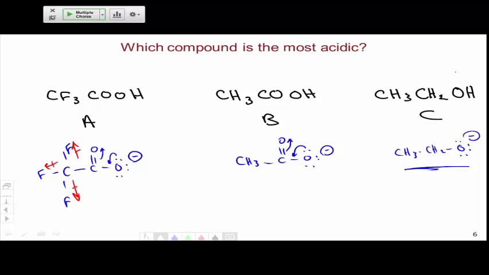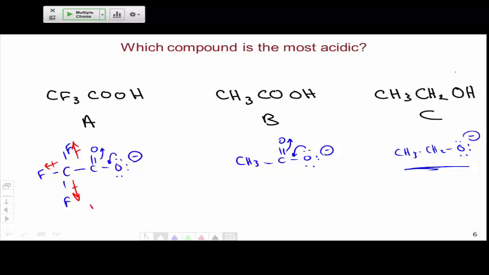And we know that fluorine is the most electronegative element of the whole periodic table. So it is definitely a strong withdrawing group by inductive effect. So having 3 withdrawing groups next to that COO minus, in addition to the resonance, is diffusing the electron density. So that makes it more stable.